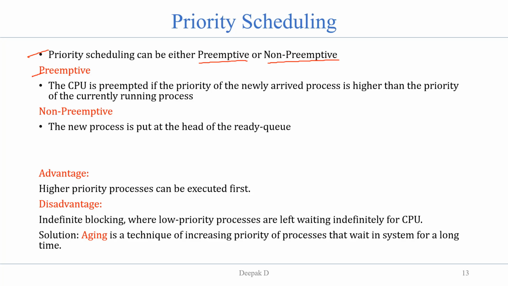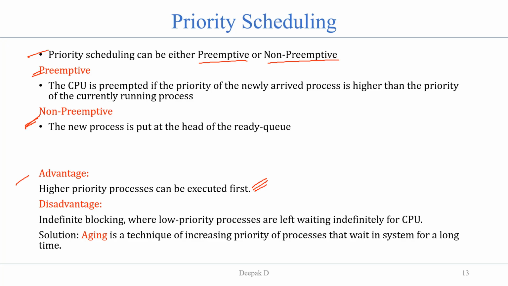This is preemptive. Non-preemptive means that until the process completes its execution, the CPU will not be given to another process with higher priority than the current one. What is the advantage of priority scheduling? One of the major things is that the process with the higher priority can be executed first.